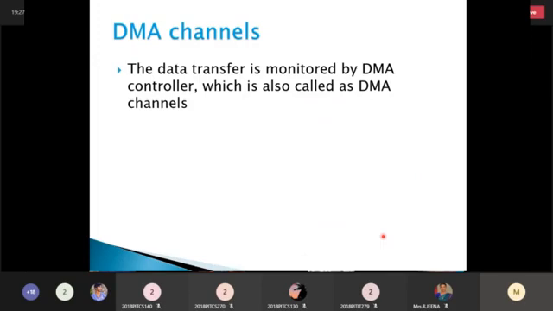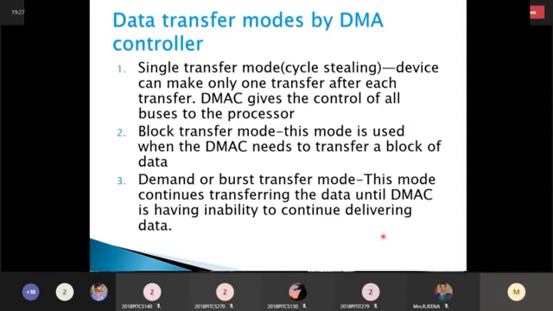As I said previously, the data transfer is monitored by our DMA controller, which is also called DMA channels. The data transfer modes by the DMA controller begin with the single transfer mode, which we call cycle stealing. Cycle stealing means a device can make only one transfer, and after each transfer the DMAC gives the control of all buses to the processor.